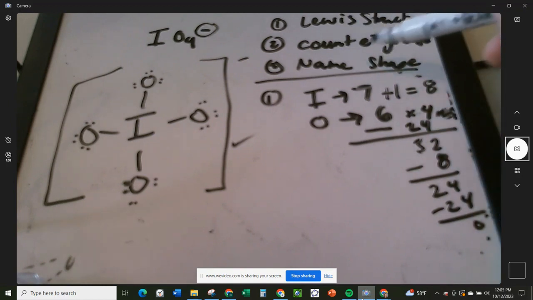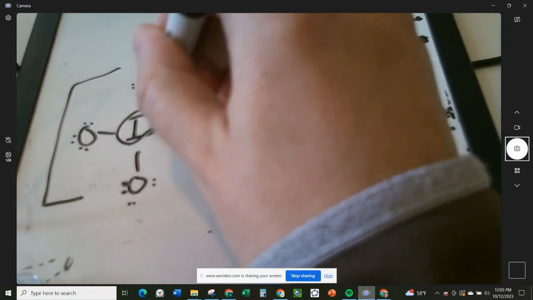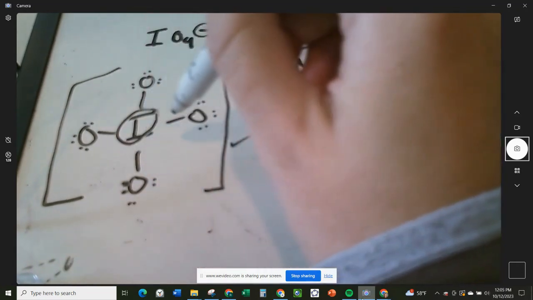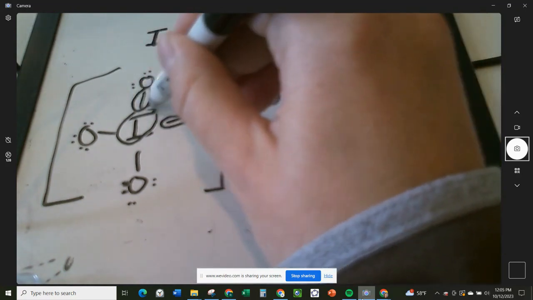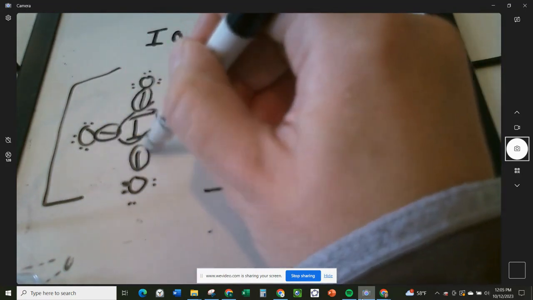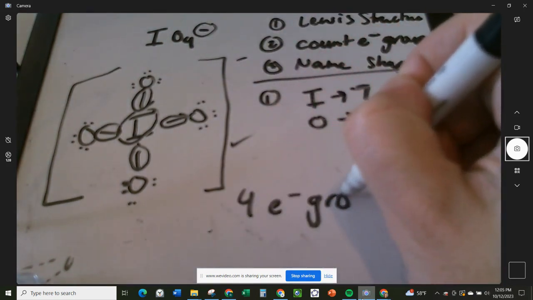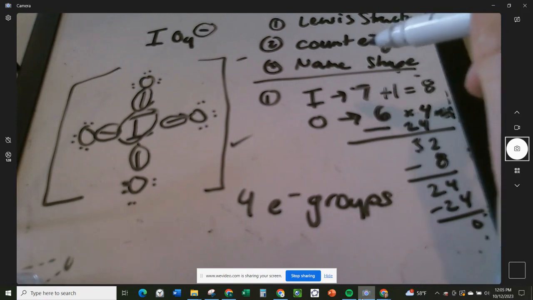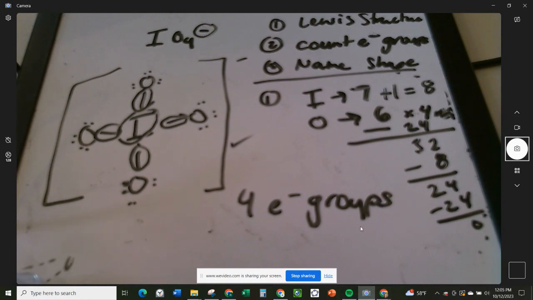Then we're going to look at the electron groups around the central atom. So iodine is the central atom, and then anything touching iodine counts as an electron group. So we have 1 bond here, 2, 3, 4. So this has 4 electron groups. And then we need to use the chart or memorize, if we have a certain number of electron groups, what is the shape?